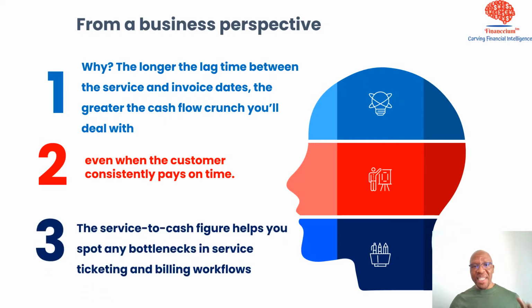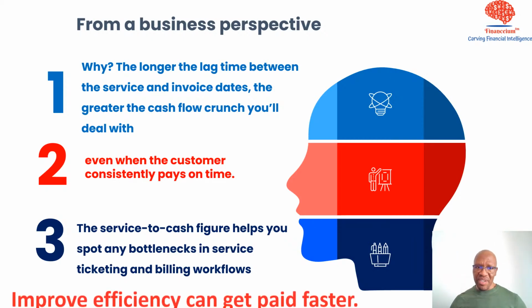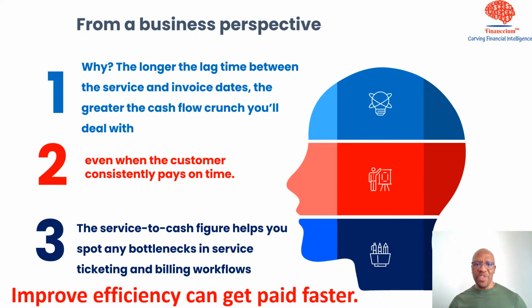Most importantly, the key thing about this simple framework is that it allows you to see where the bottlenecks are. Is it the pre-work, which is the contracting phase and getting the work done? Or is it the post-work, dealing with invoicing and other things? The moral of the story is to improve efficiency so that we can get paid faster.